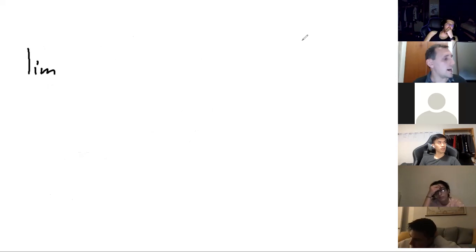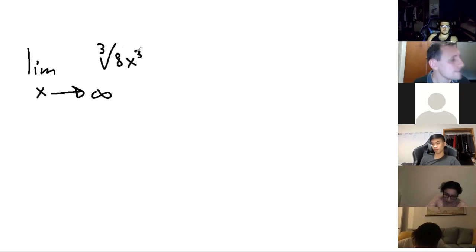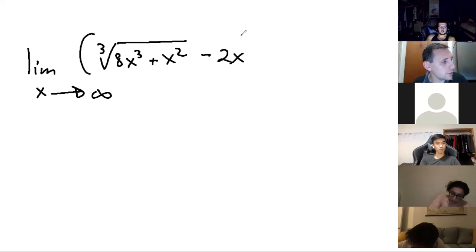So the limit as x goes to infinity of the cube root of 8x cubed plus x squared, sorry, not 8, but minus 2x. Could you please tell me what this limit is equal to?